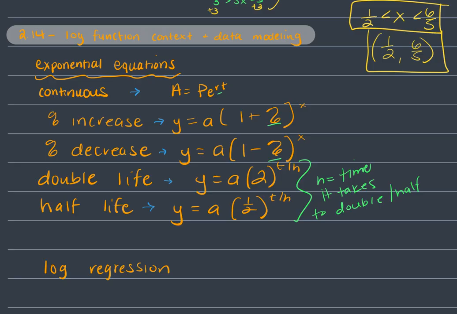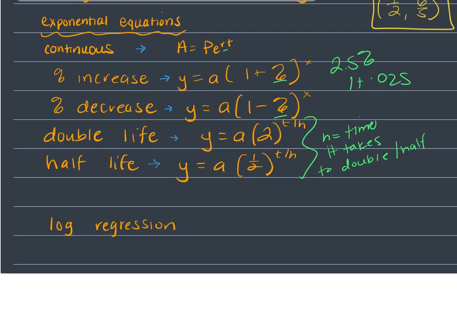So if it said it had a 2.5% increase, that's 1 plus 0.025. If it said it had a 2.5% decrease, then it's 1 minus 0.025. So if it gives it to you in percent, you have to convert it backwards to get it in decimal form.